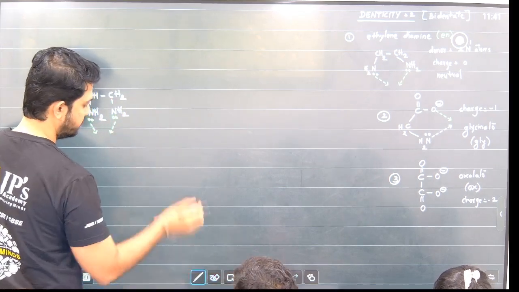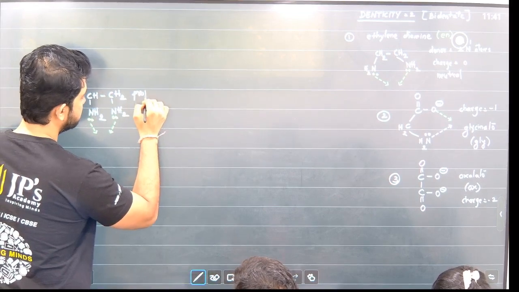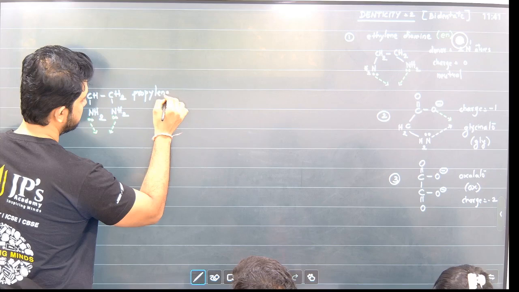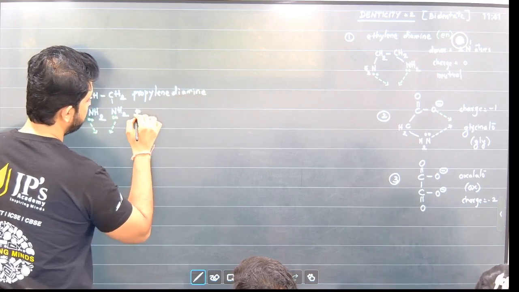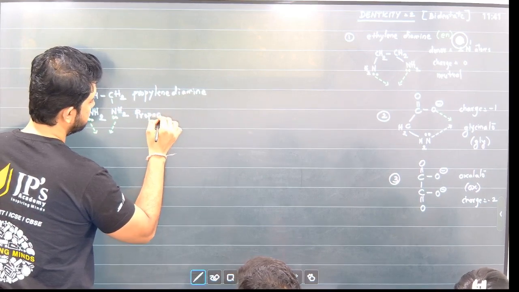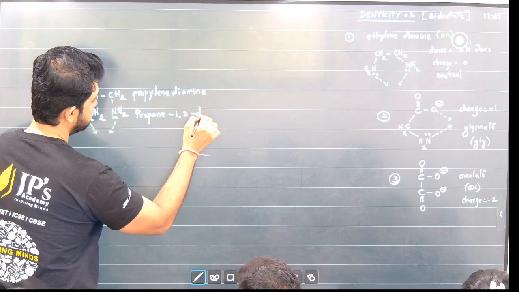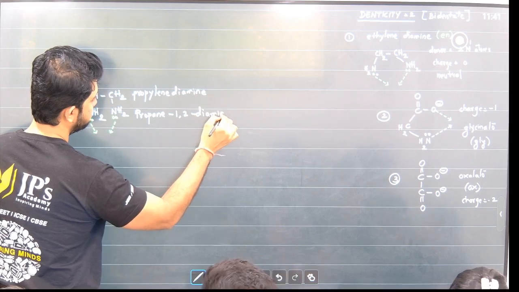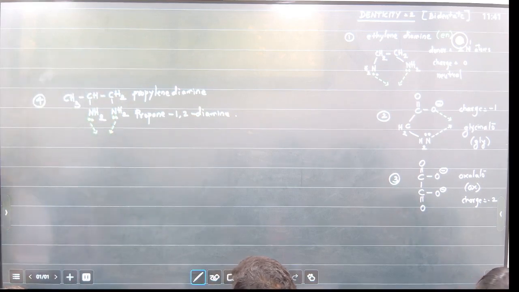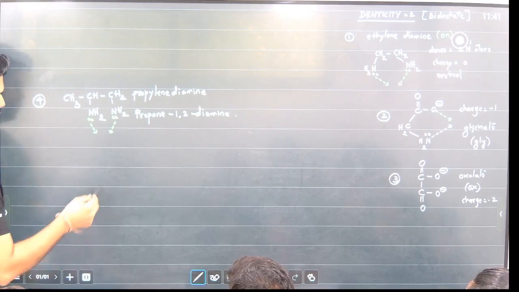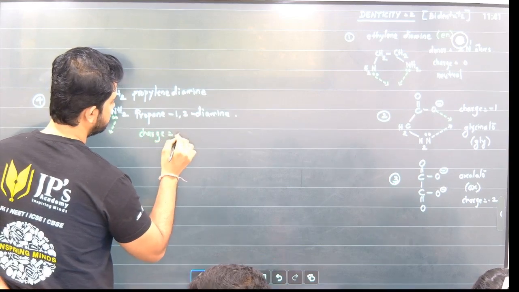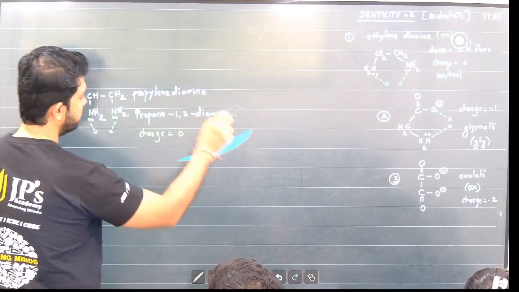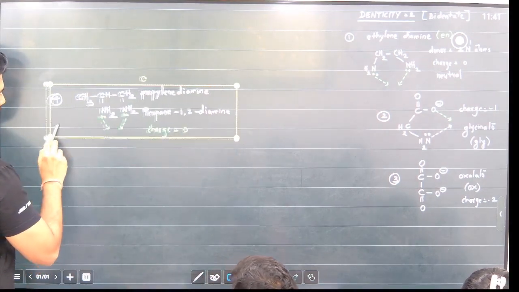Or else, any other nomenclature? Propane 1,2 diamine. Again, what's the charge over here? 0, or it is a neutral bidentate.